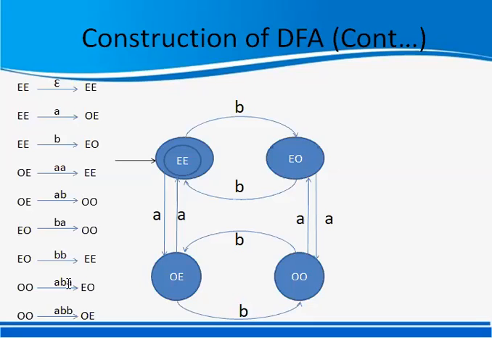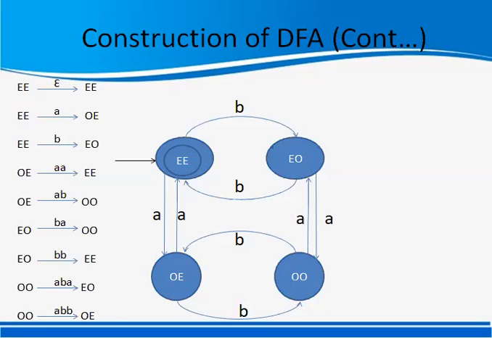Now on input small a, our complete string becomes ABA. So from state OO on input A, we have a string with an even number of A's, that is 2, and an odd number of B's, that is 1. So our next state will be EO, even number of A's and odd number of B's.